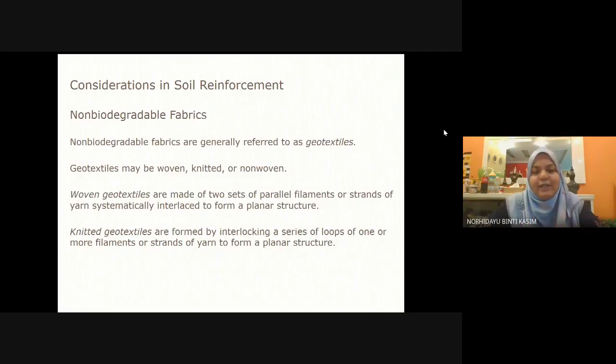Woven geotextile is made by two sets of filament or strand interlaced to form the structure. Knitted geotextile interlocks the filament or strip. You can see the figure after this.